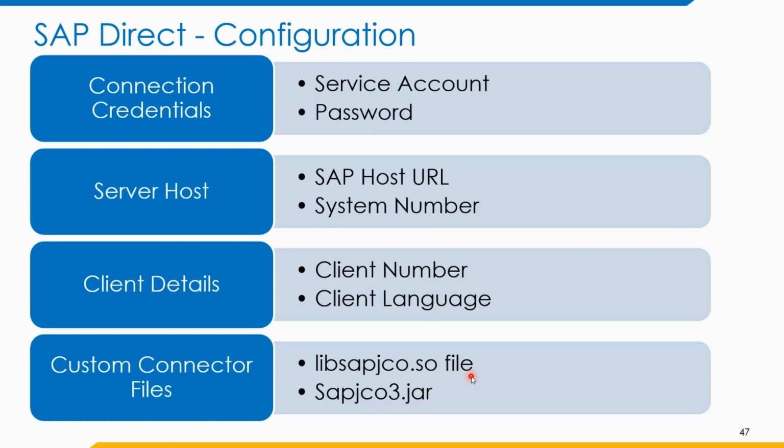Once we fill in all the data on the connection configuration page, we will test the connection from the SailPoint SAP Direct Connector that is configured to the end target system.